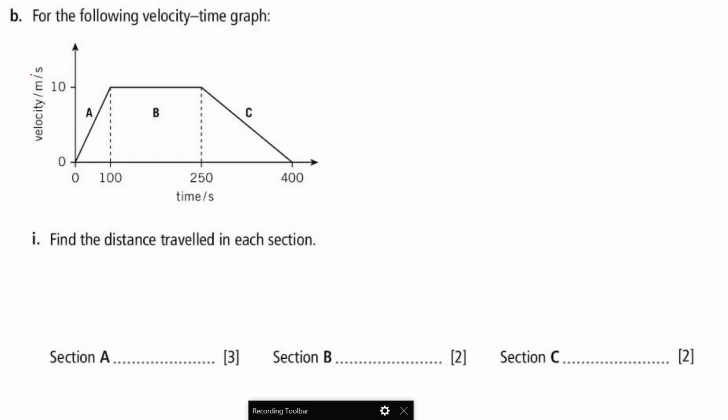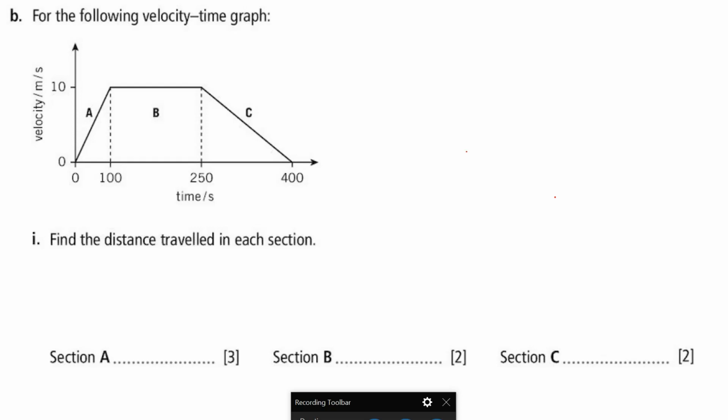Let's look at the following questions. You are given the velocity time graph, and you are asked to find the distance traveled in each section. The distance traveled in each section is basically the area under the curve. Let's look at the following velocity time graph.